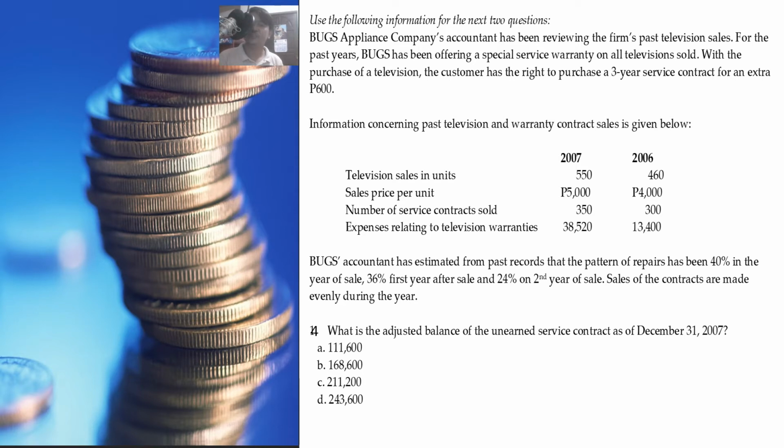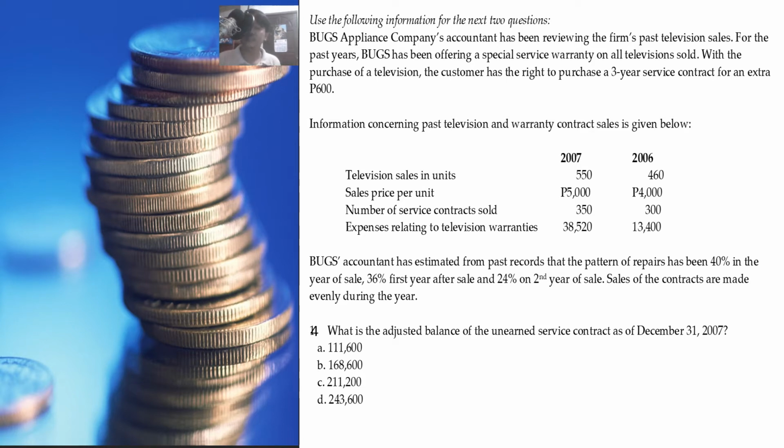So, that is the service contract being asked about in the question. Aside from the TV, they also offered a service contract so that if the TV breaks within 3 years, of course, they will fix it. It is like insurance for only 600 pesos.